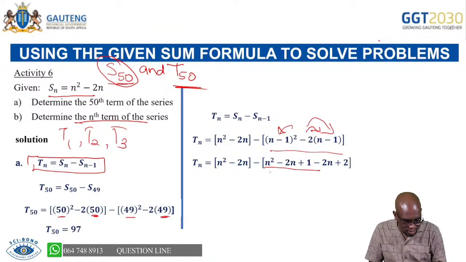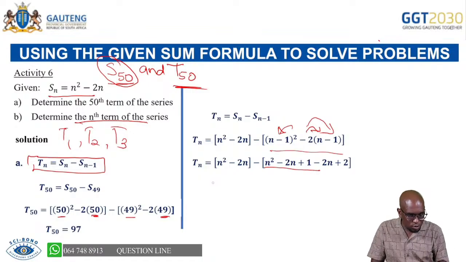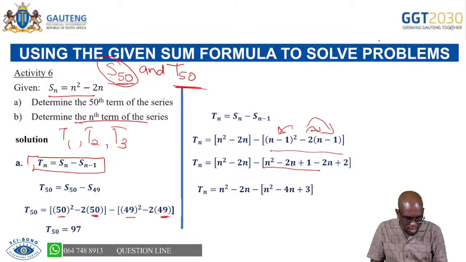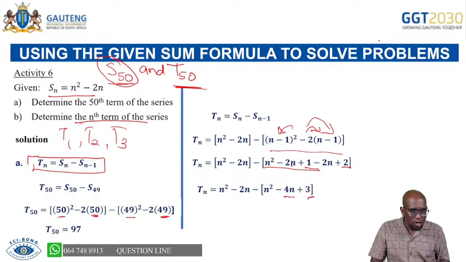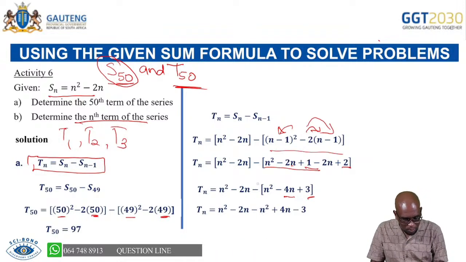So now we can simplify. If we simplify this, 2n and 2n gives us 4n, 1 and 2 gives us 3. So we can then open the second bracket by using the distributive law here.